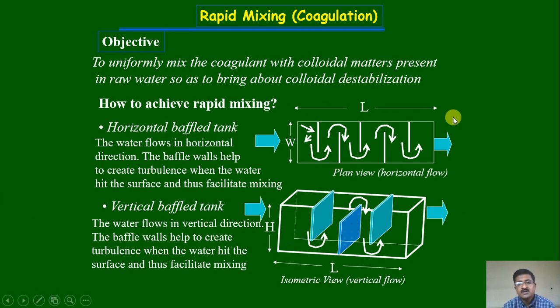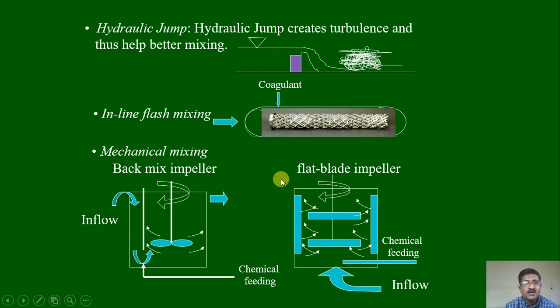Because of this turbulence created by either vertical or horizontal movement, the target is achieved. Again, we have to consider points where a hydraulic jump may arise, and that will help in the mixing of the water.